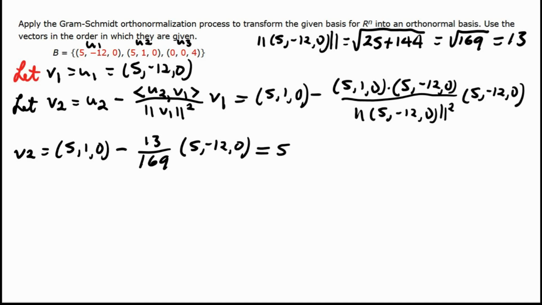So we get (5, 1, 0) minus 1 over 13 times (5, -12, 0).